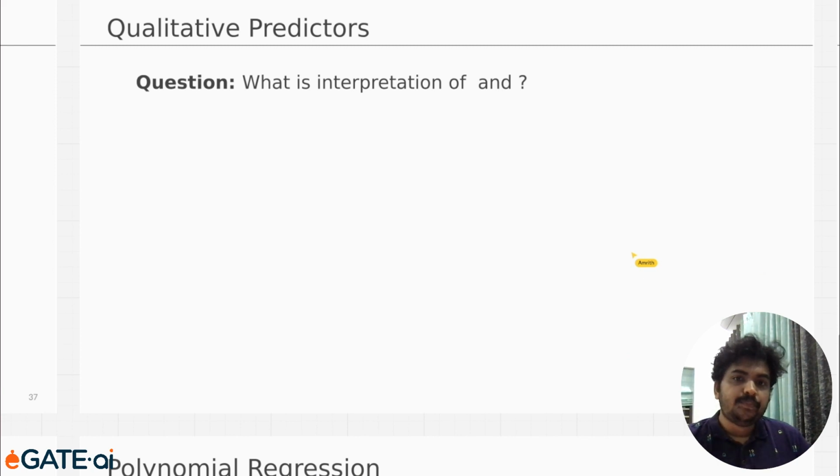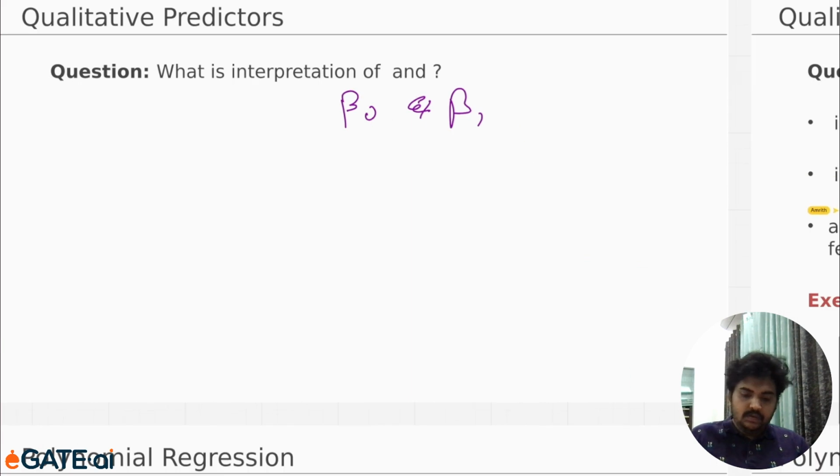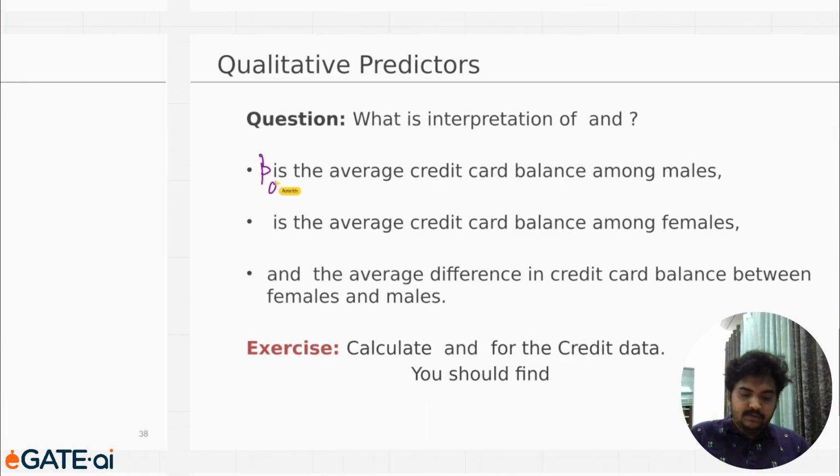Now, what is the interpretation of beta 0 and beta 1? Beta 0 is the average credit card balance amongst males, whereas beta 0 plus beta 1 is the average credit card balance amongst females.